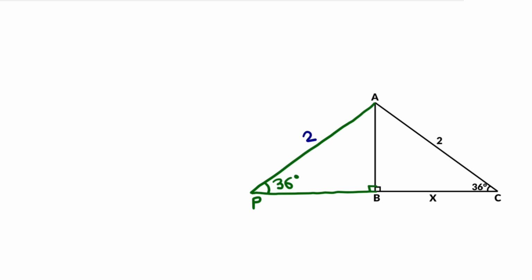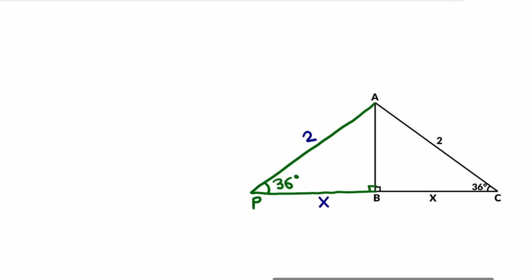That means the left base, PB, is equal to the right base, BC. And since BC is x, PB is also x. So the full bottom length, PC, is 2x.